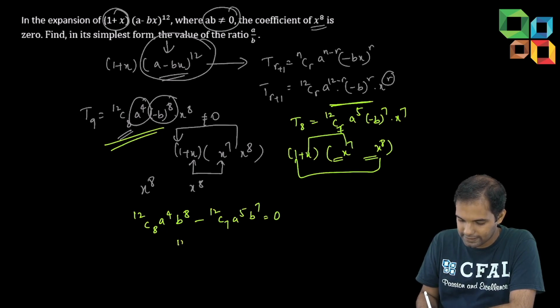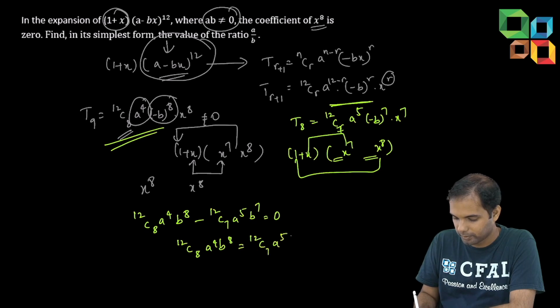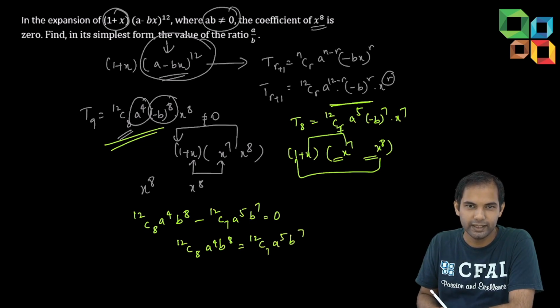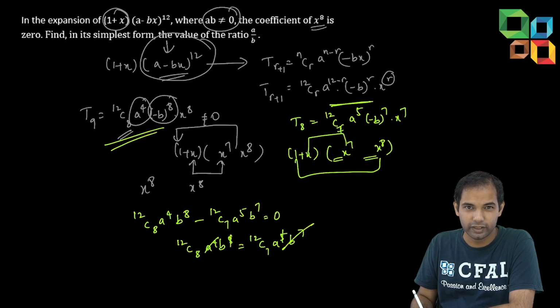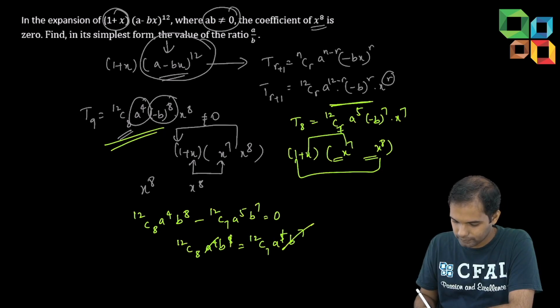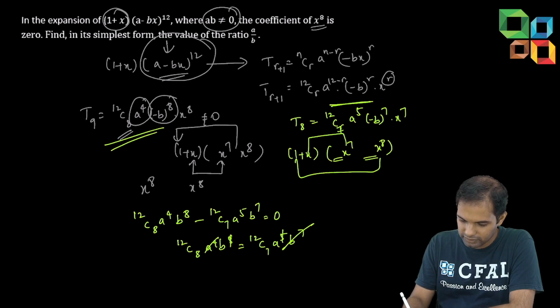So 12c8 into a power 4 b power 8 is equal to 12c7 into a power 5 b power 7. This is the condition. Can you see a power 4 is common, so this will get cancelled. B power 7 is common. Both are not equal to 0, so I can directly cancel them. What remains? Exactly the terms we want, a by b.